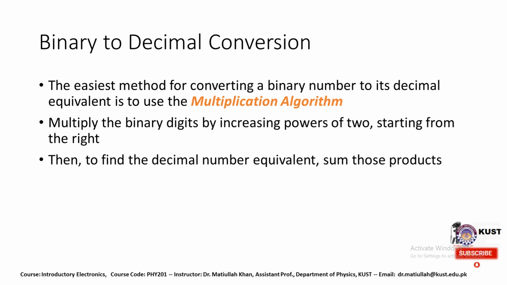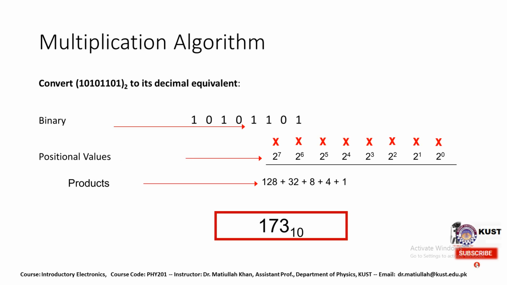Multiply the binary digit by increasing powers of 2, starting from the right. Then to find the decimal equivalent, we sum the products, and that gives us the decimal value.